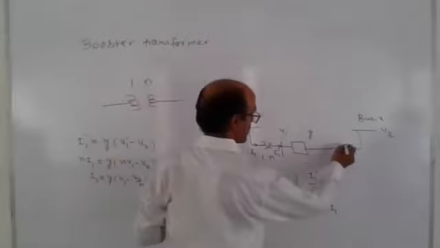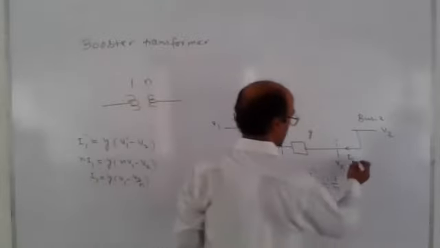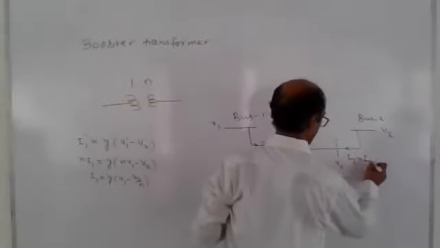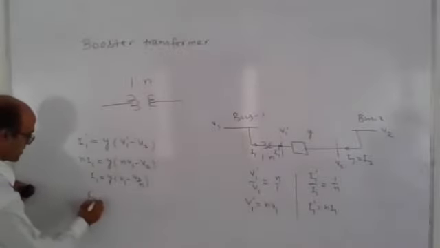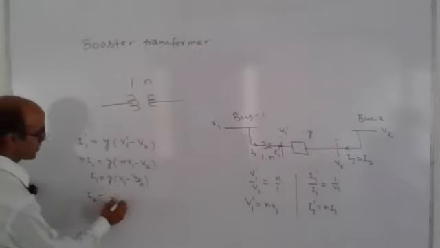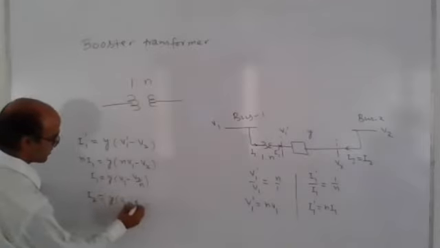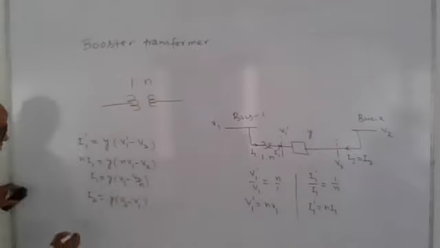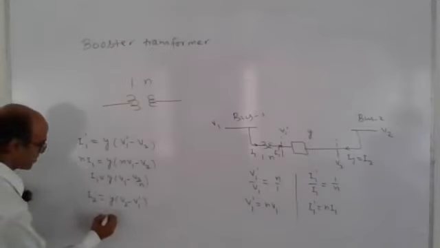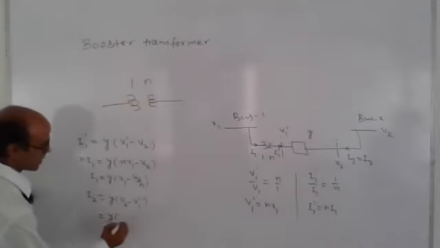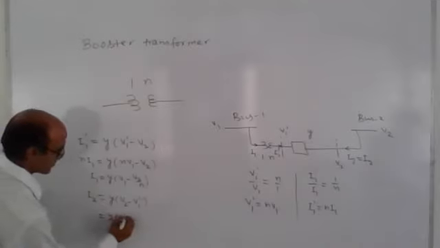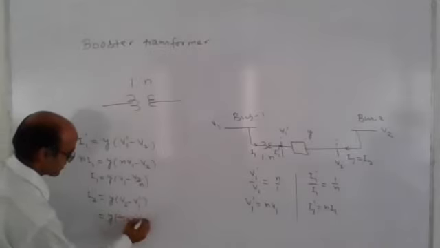Okay. Similarly, what is the value of I2? Suppose I2 or Ij is the same. So this is I2. What is I2? I2 equals y into V2 minus V1 dash. If I put the value of V1 dash, y into minus n V1 plus V2.